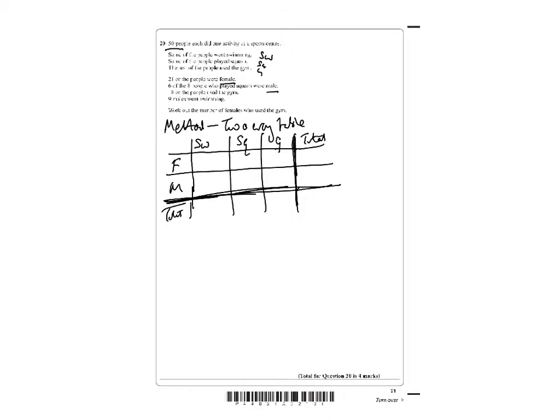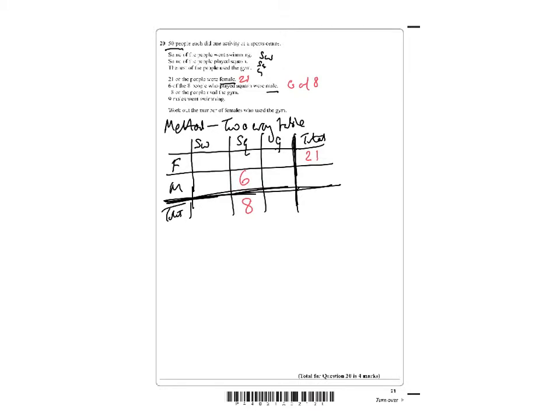Right, first of all, 21 of the people were female, so that gives me a total of 21 in there. 6 of the 8 people who played squash were male. So we know 8 people played squash, 6 were male.